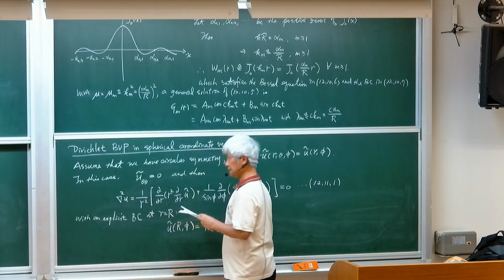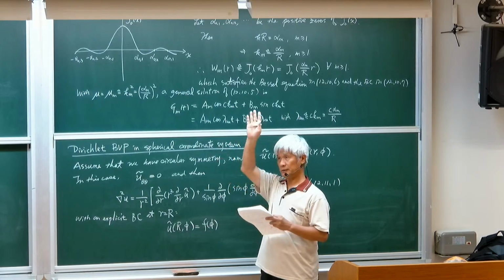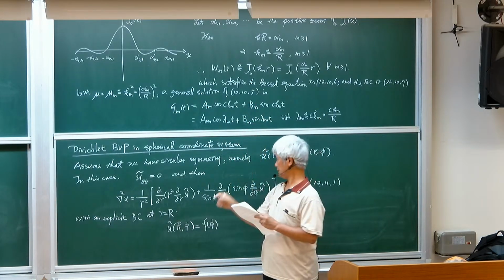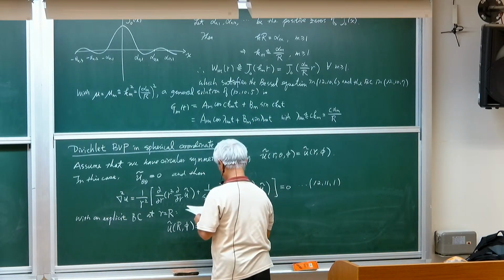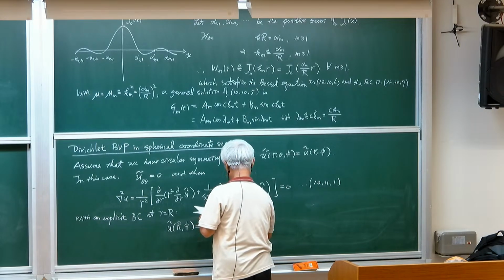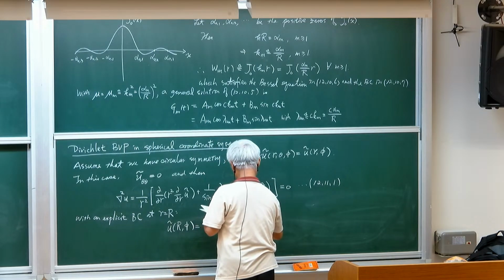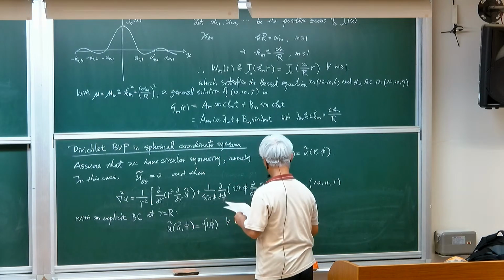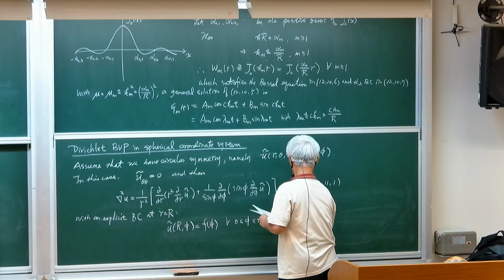Here phi is the polar angle from the z-axis, for all phi between 0 and pi. This is 12.11.2.